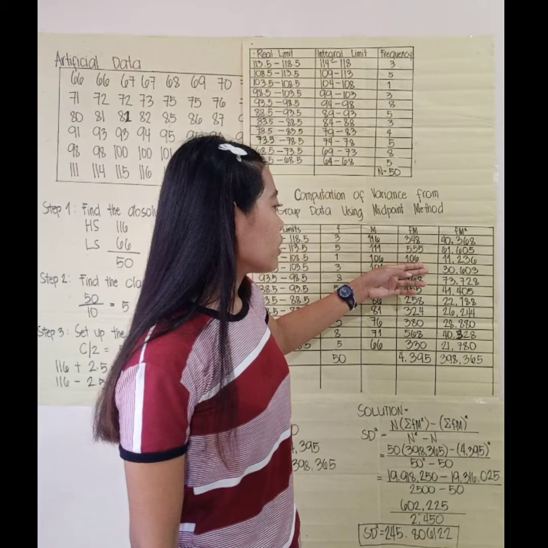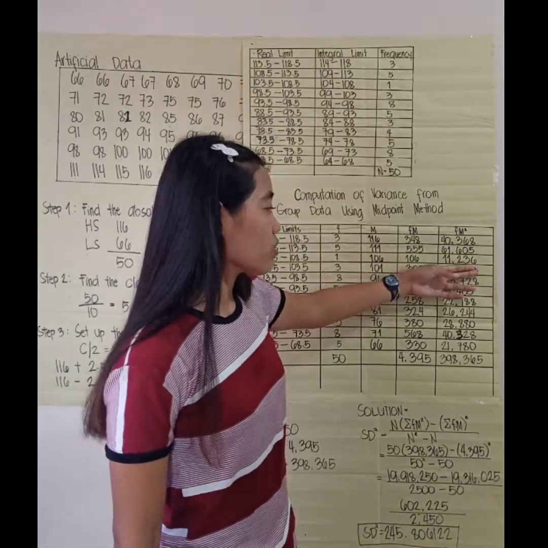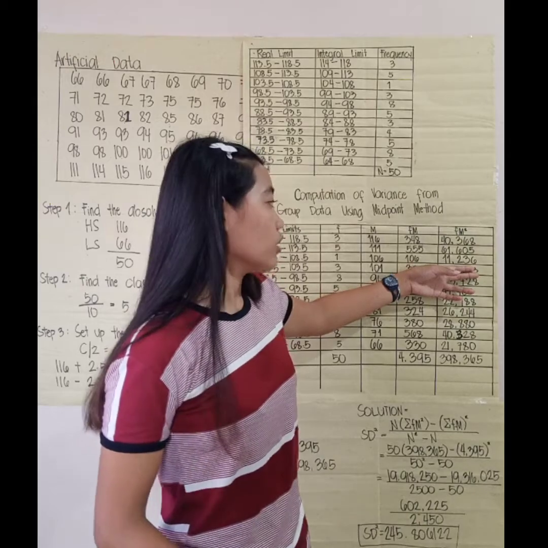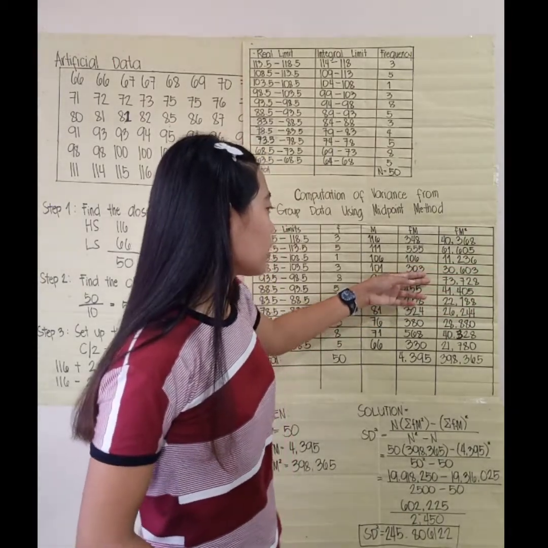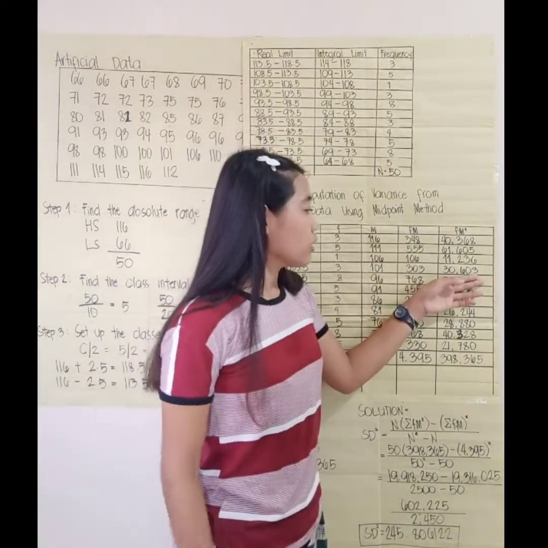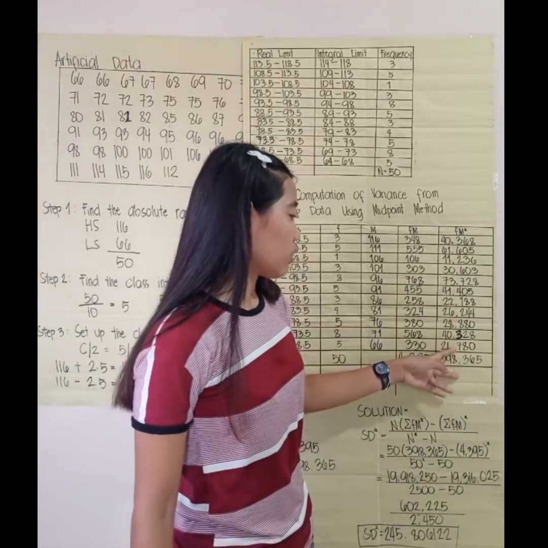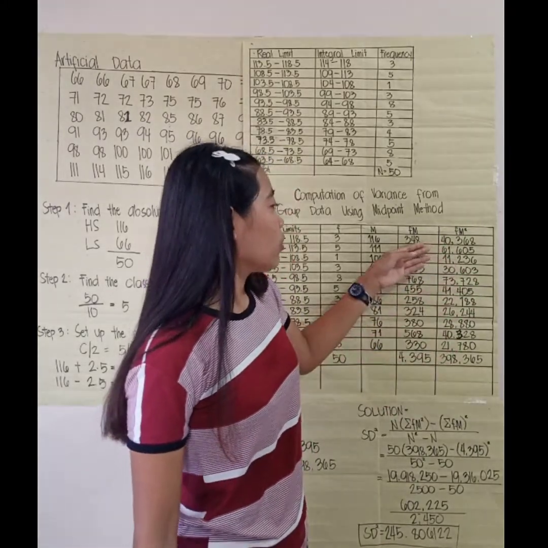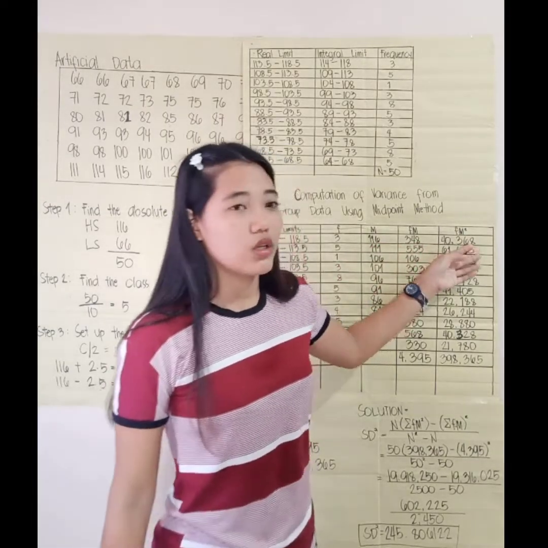Next, 106 times 106, the result is 11,236. Next, 303 times 101, the result is 30,303, and so on and so forth. Just repeat the process: multiply FM by M to get FM2.